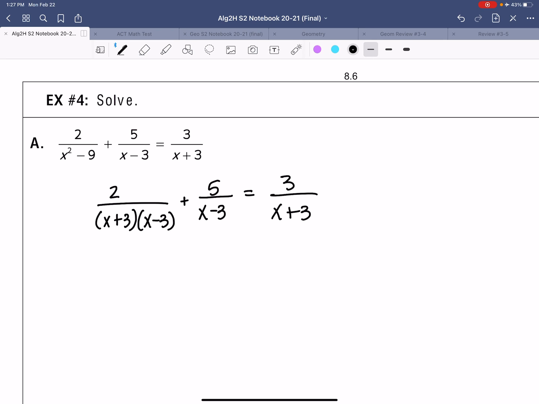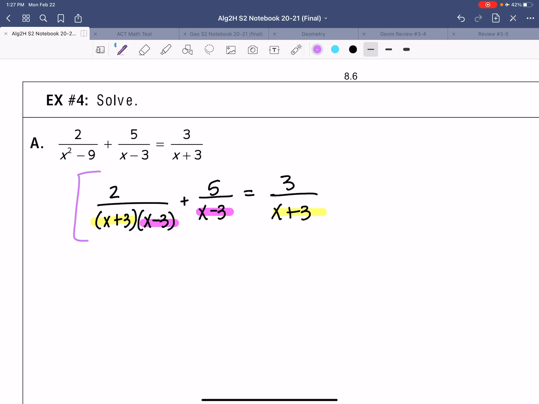Okay, so we want to find my greatest common, or my least common denominator between x plus 3, x minus 3, x minus 3, x plus 3. So notice I have an x plus 3 and an x plus 3, an x minus 3 and an x minus 3. So we're able to just multiply by this denominator, because if I multiply by this denominator, it will eliminate this one, and then it will eliminate that one with that.